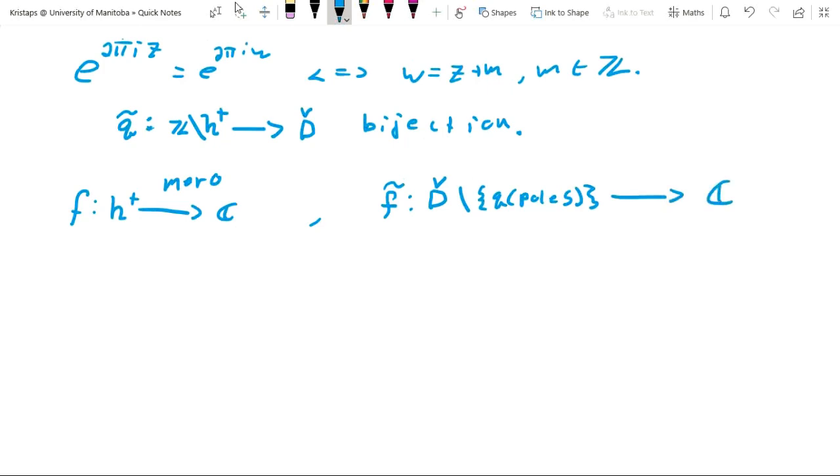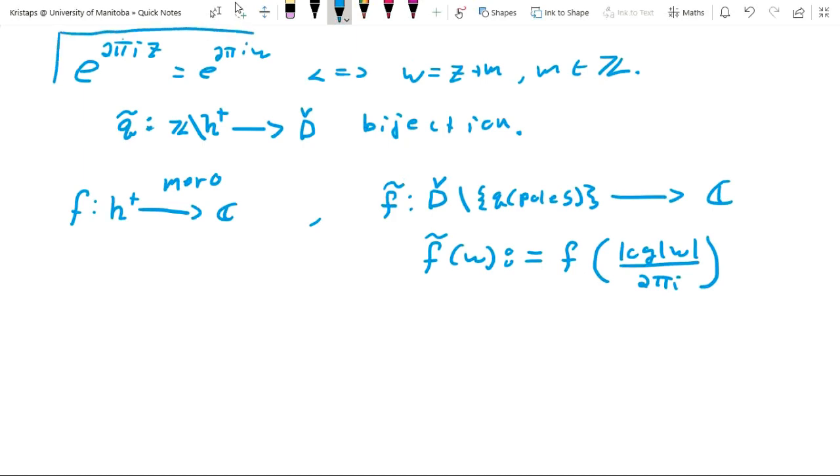So this complex function will be given by, for some element w belonging to this punctured disk, we're going to define f tilde at w to just be f of log w over 2 pi i. Now, this does appear to introduce an ambiguity in terms of the branch cut.